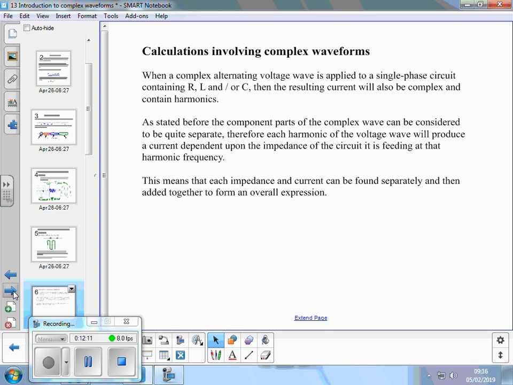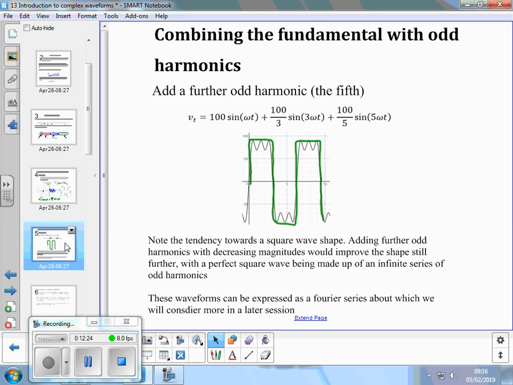So that's what we're going to do today, have a look at the stages in doing that. You can see where you build up an expression similar to that for the current in a circuit that voltage is connected to.